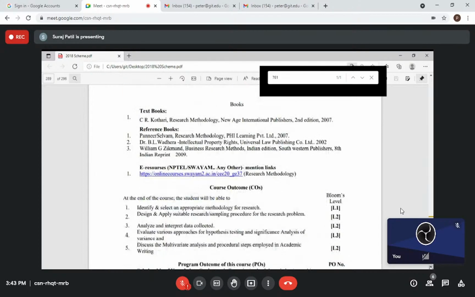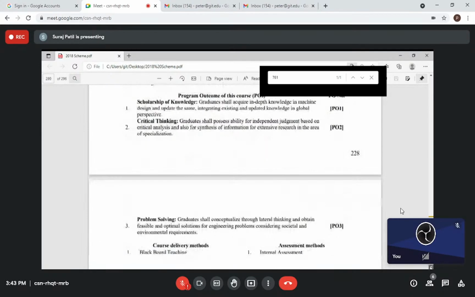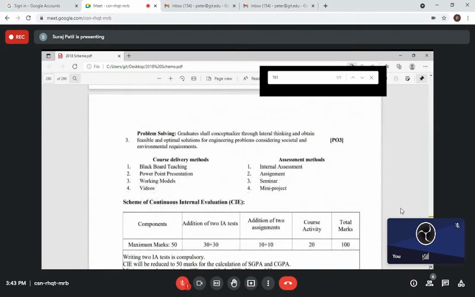You get a lot of case studies through the e-resources, and this subject has a lot of scope in the outside world, which is useful for students aiming for MS. Those students who are aiming to take up higher studies and master's degrees, the subject is very essential.